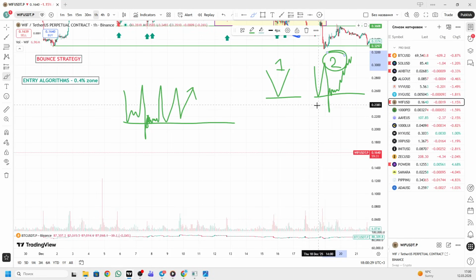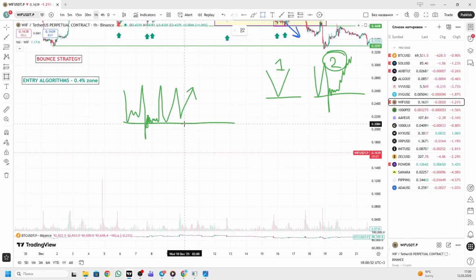Now let's talk about the entry zone. If you want to enter a long, then obviously your entry zone will be above the level. So if this level is support and you want to enter long from this level, then the zone will be above the level. Okay, let's mark it.